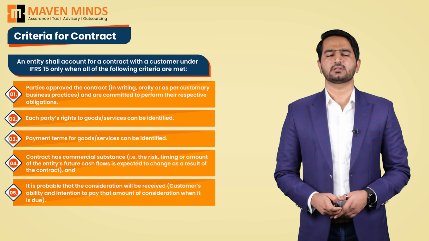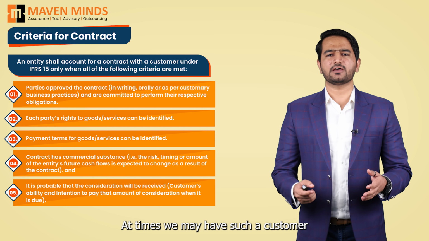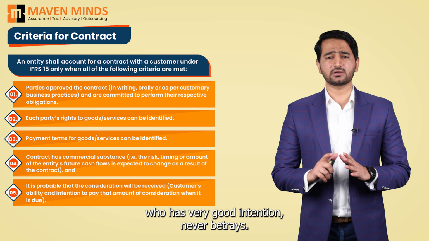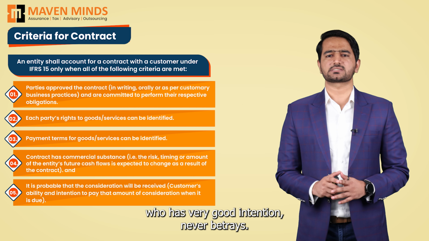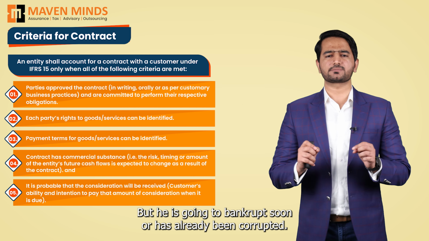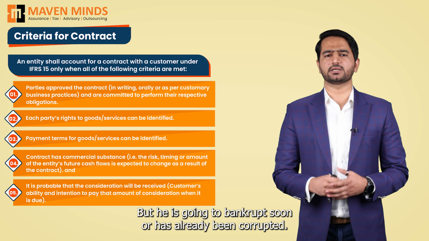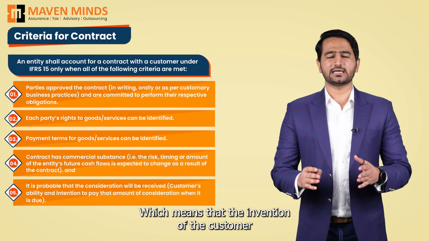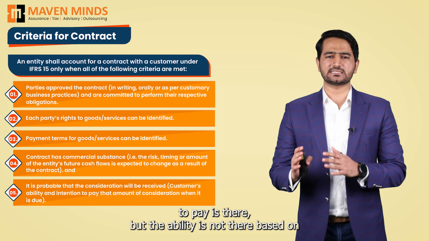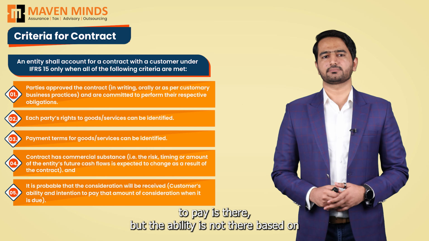At times, we may have a customer who has a very good intention, never betrays, but he is going to go bankrupt soon or has already gone bankrupt, which means that the intention of the customer to pay is there, but the ability is not there.